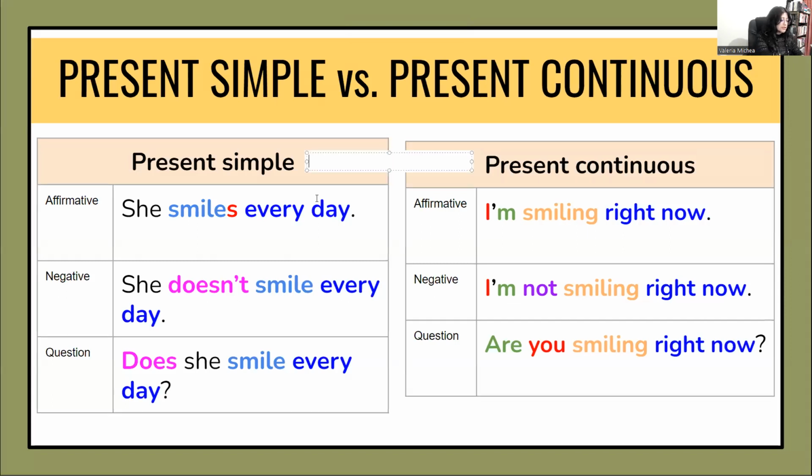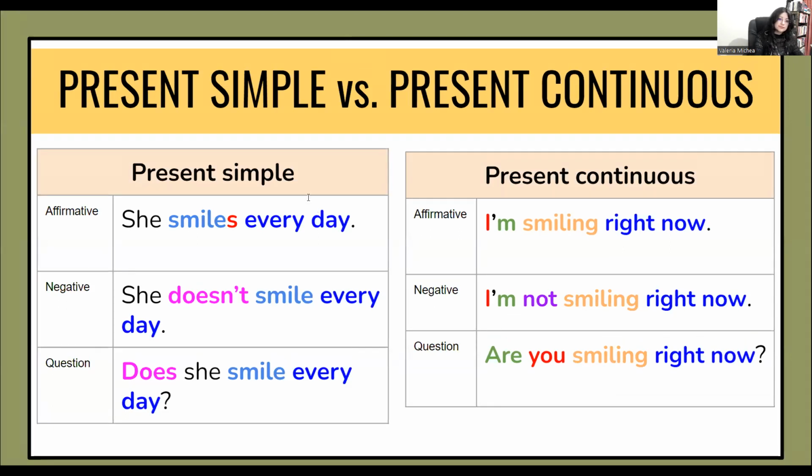So the present simple is for routines mainly, okay? Routines, habits, and things that are generally true. Whereas the present continuous is for things that are happening now. Now they are true, in the present, these days, etc.